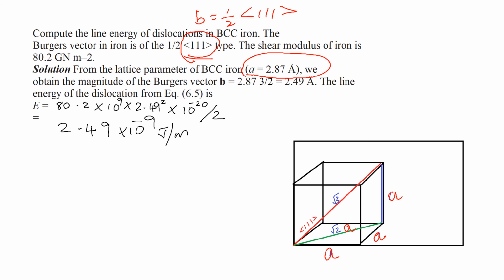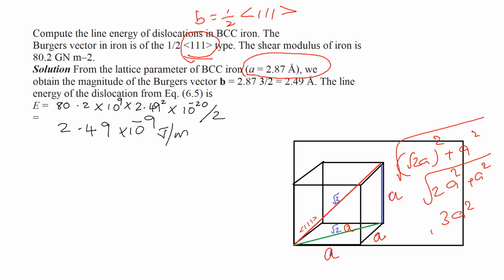So what will be the red color diagonal? That is root 2 a whole square plus a square, that will be 2a square plus a square under root. So it will be 3a square, it will be root 3 a.